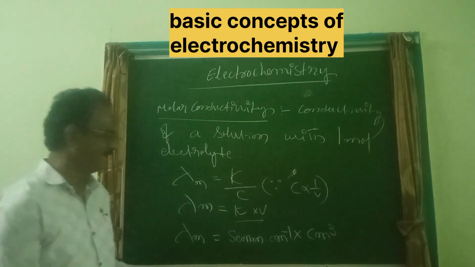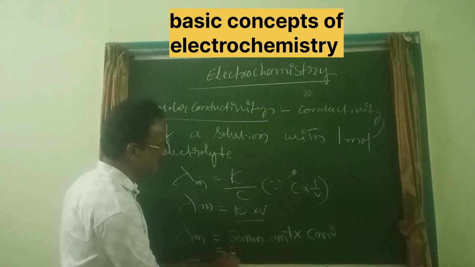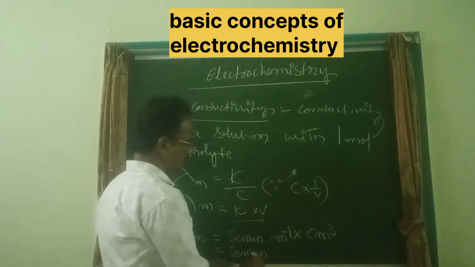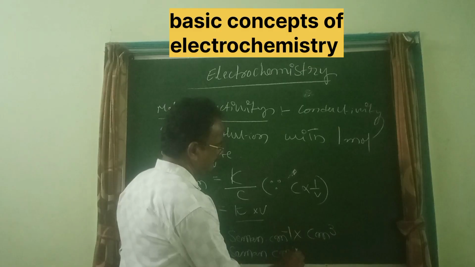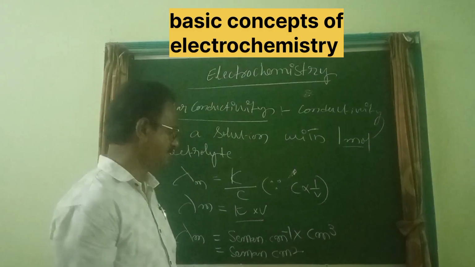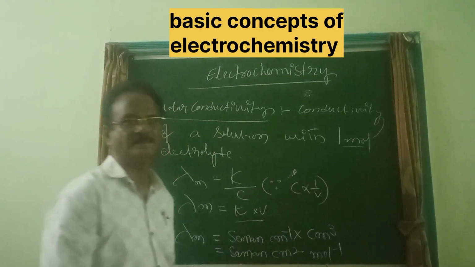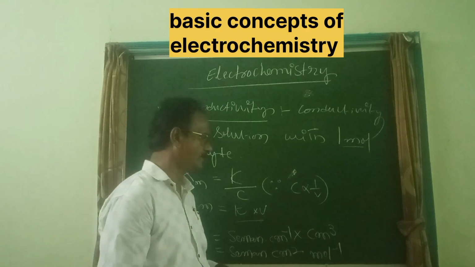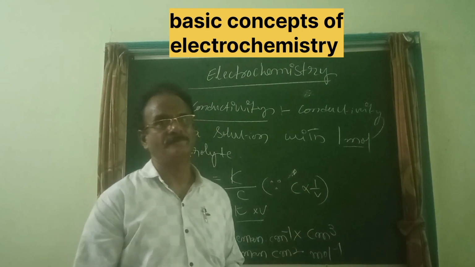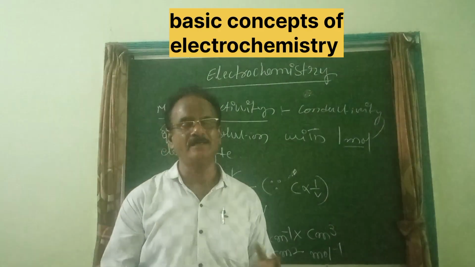Finally, we get the dimensions for lambda m as Siemens centimeter square. We are taking here 1 mole substance, mole inverse. Is it clear? So this is about molar conductivity.